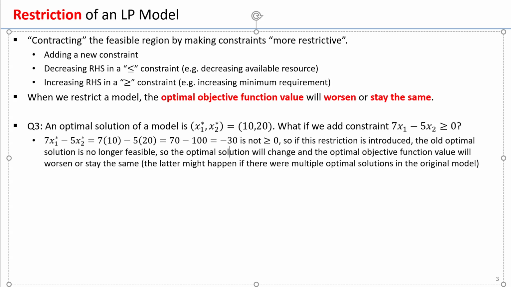In the relaxation, we could conclude if the solution will change or not. And in the restriction, all we need to do is plug the old optimal solution into the new restricted constraint and see if it is still feasible. If it is, it will remain optimal. If it isn't feasible, then the optimal solution will change, and the objective value might worsen or stay the same.